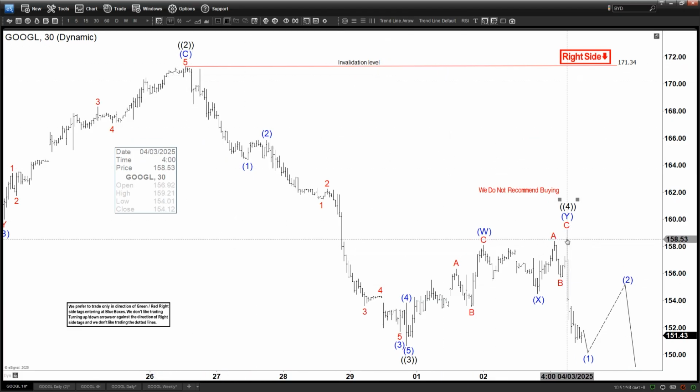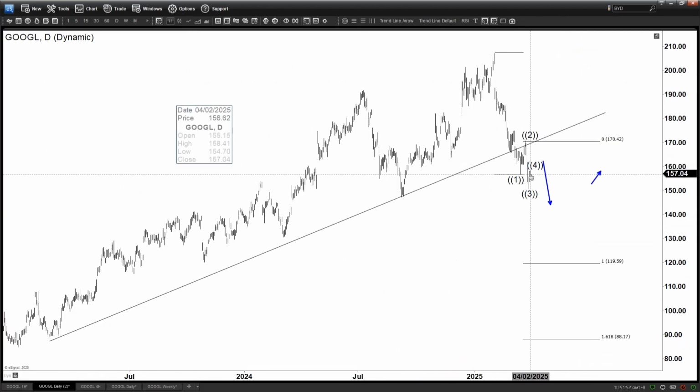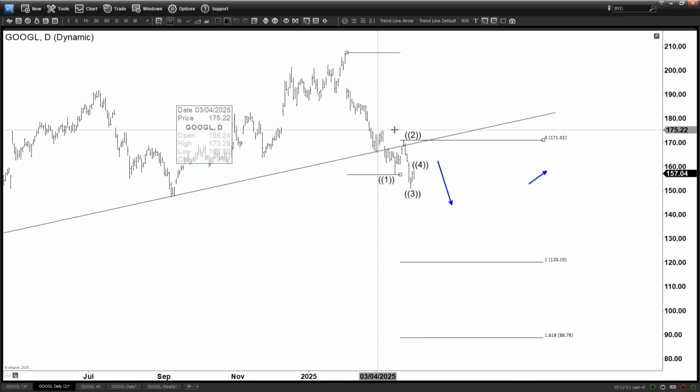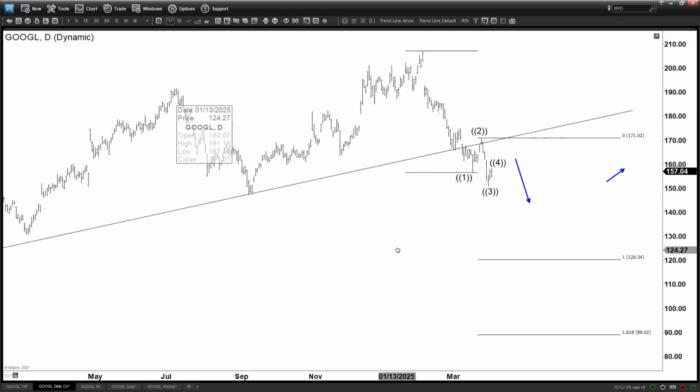What is this high? This high is 159.21. Yeah, because the daily doesn't include the post market price. So that's the problem. Sometimes it can be different between the shorter time frame, which includes the post market and the pre market, versus the daily time frame.